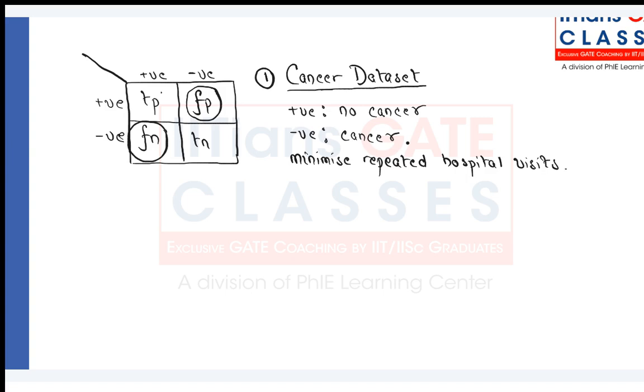So now you might be thinking, then when can I minimize my false negatives, right? So let me talk about a very real life scenario. I'm not discussing any businesses here with you.